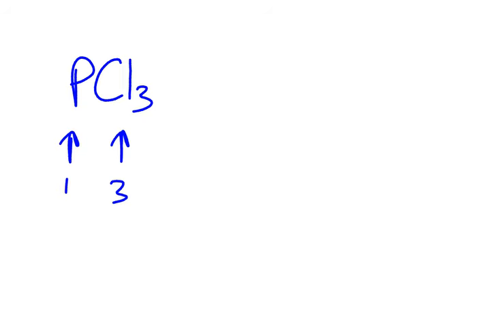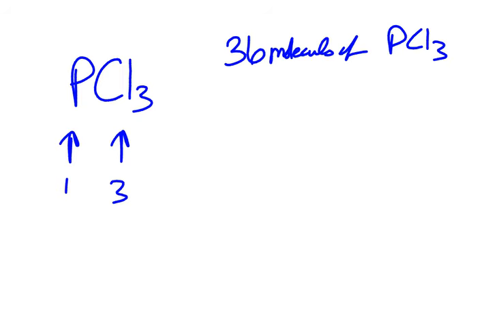So if I wanted to say I have 36 molecules of phosphorus trichloride, how many atoms of chlorine are there?